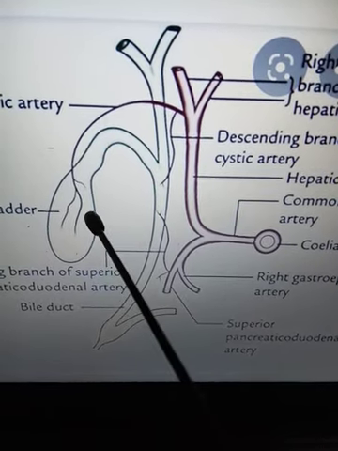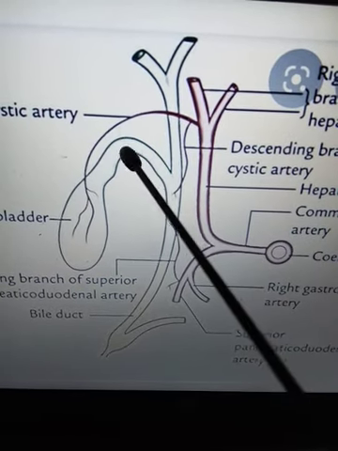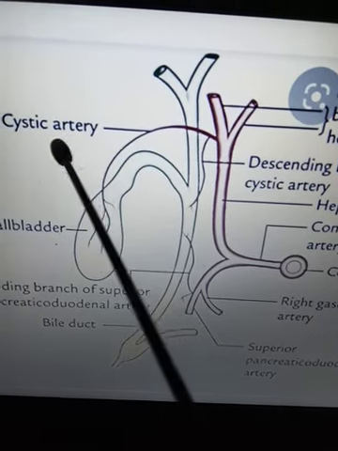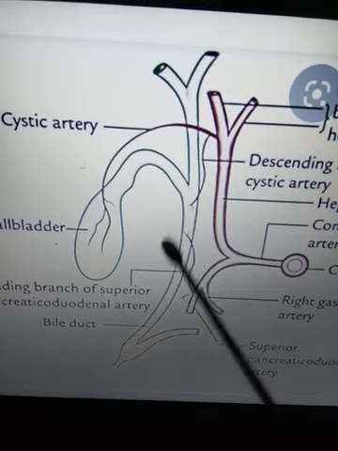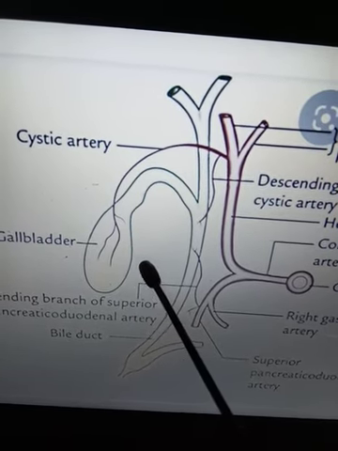So your gallbladder, your hepatic ducts, common hepatic duct and cystic duct, and upper part of the bile duct are supplied by the cystic artery, and the lower part of the bile duct is supplied by the pancreatico-duodenal artery.